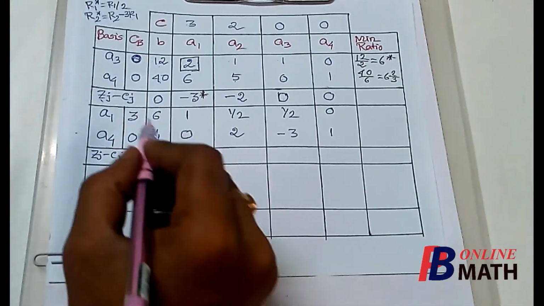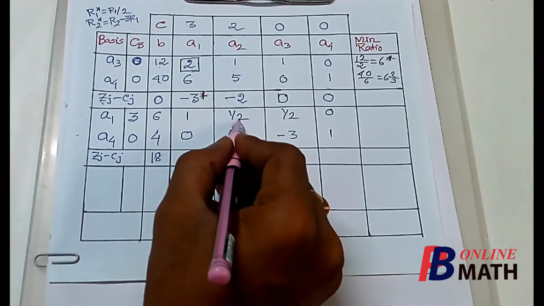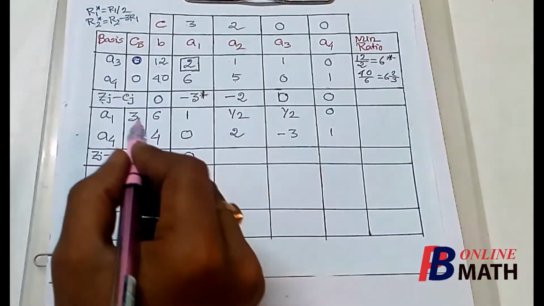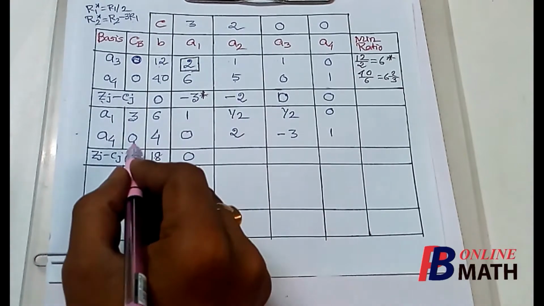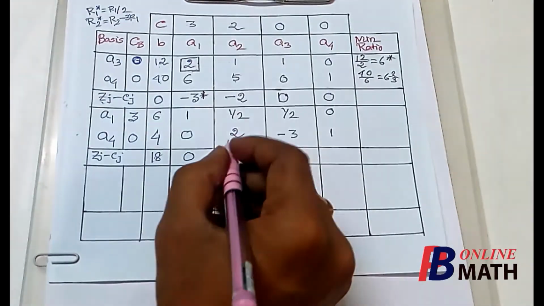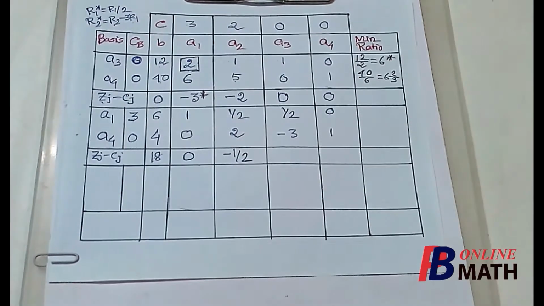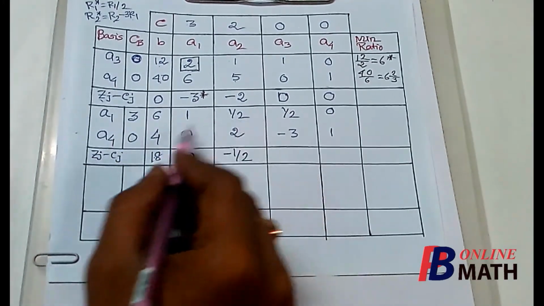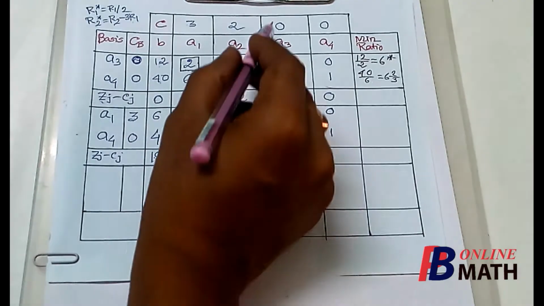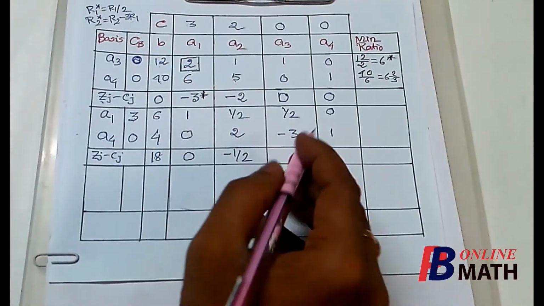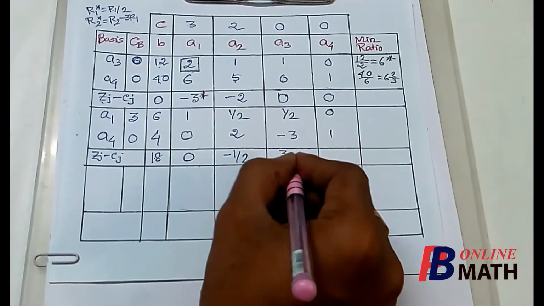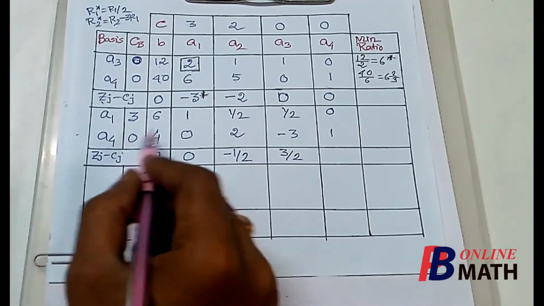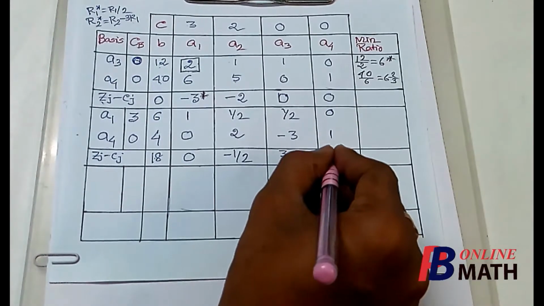Next this one, 3 into this value plus 0 into this value minus 2, which is 3 by 2 plus 0 minus 2, that means minus half. Next this value, this will be 3 into half plus 0 into minus 3 minus 0. So 3 into half, that means 3 by 2. Next this value, 3 into 0 plus 0 into 1 minus 0, which is 0.